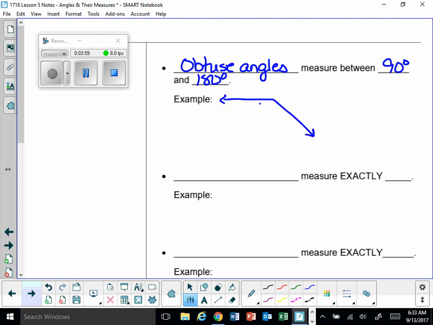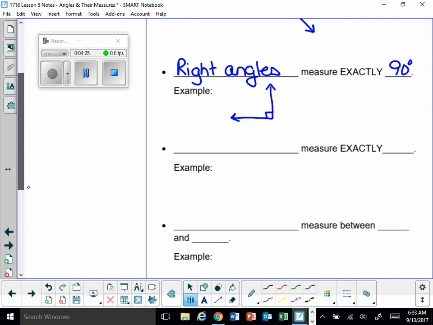So for example, this one's, I'm going to say 150. Right angles measure exactly 90 degrees. And we put the little right angle symbol in there so that people know we have drawn a right angle.